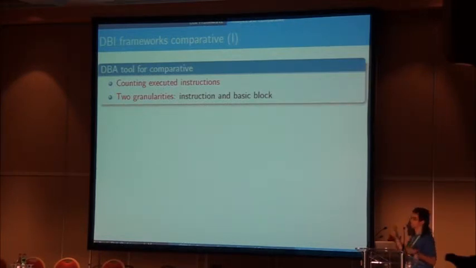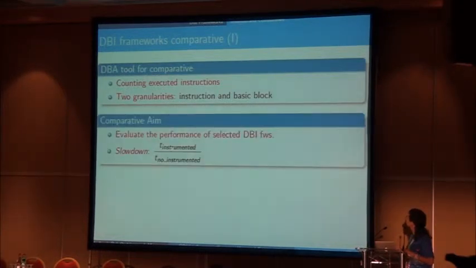Imagine, for instance, in assembler, until a jump or a call, so this will be a basic block. The main comparative has been to evaluate the performance of the selected DBI frameworks commented previously, and we have defined the slowdown as the ratio between the time of being instrumented and the time of not being instrumented, the time that it takes in execution.